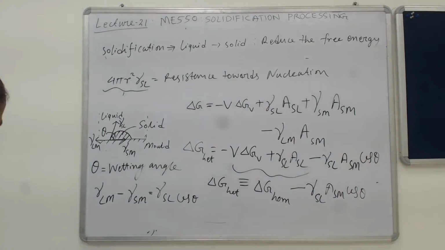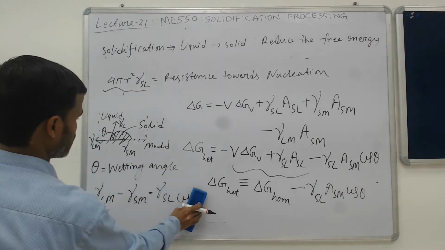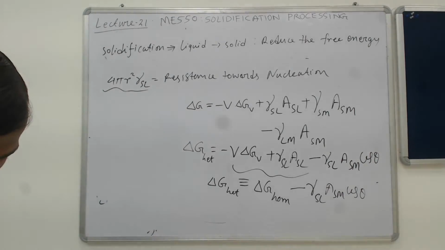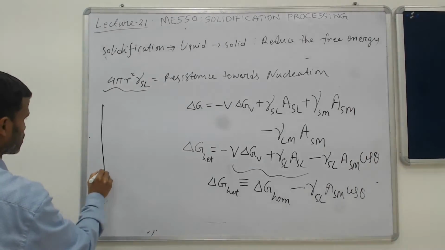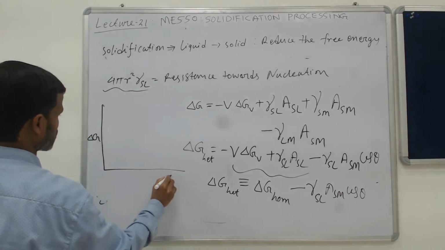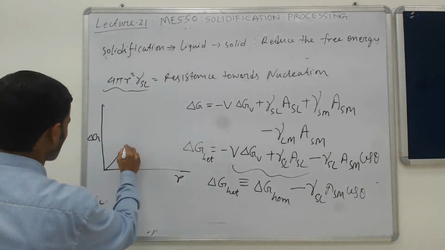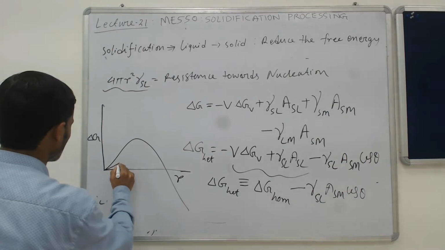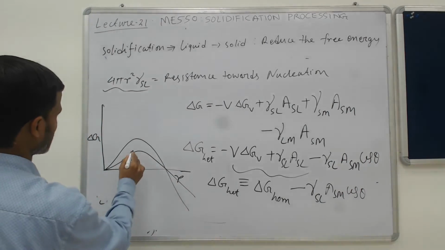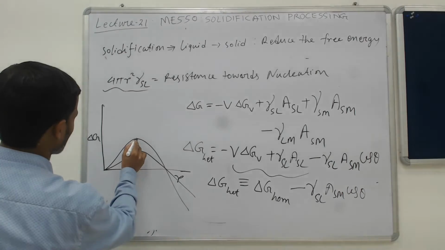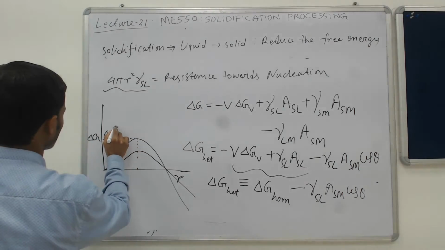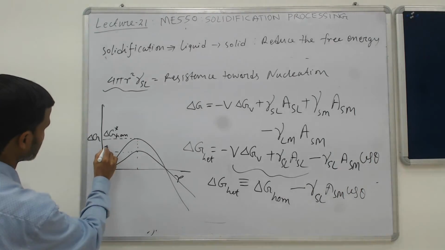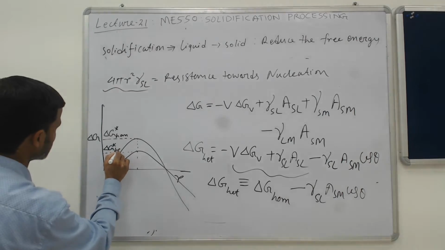So now if you plot the free energy delta G versus R, say this is the homogeneous nucleation. Heterogeneous nucleation will be something less. Actually, what happens, this delta G star is the critical value for homogeneous, and this is the delta G star for heterogeneous.